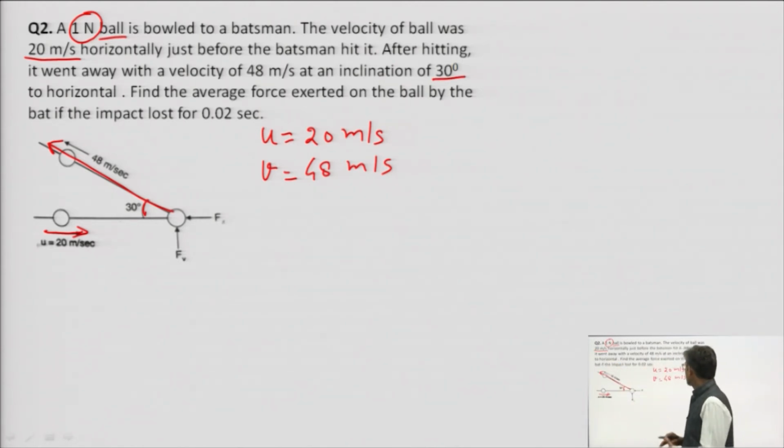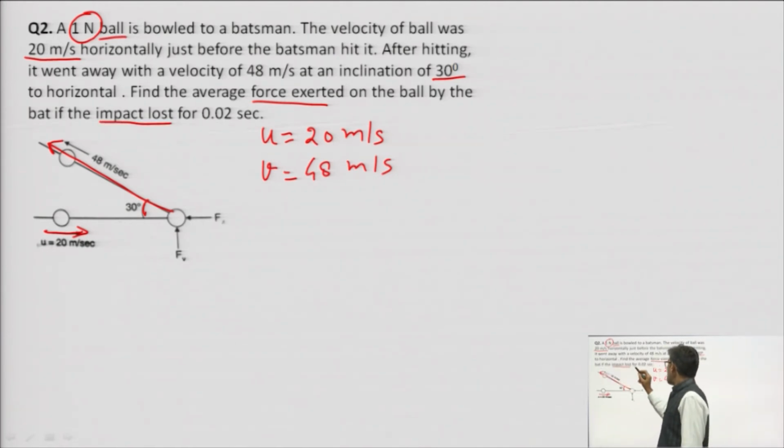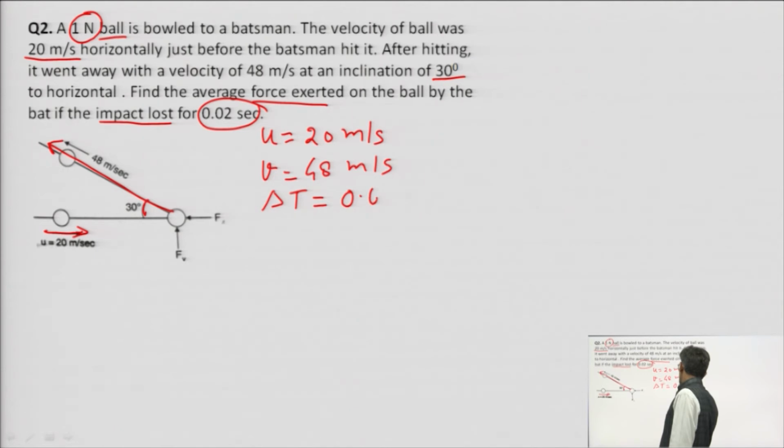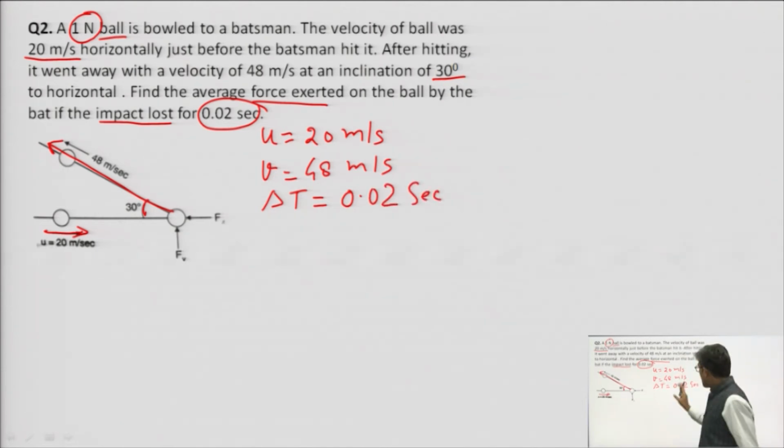Find the average force exerted on the ball by the bat if the impact lasts for 0.02 second, meaning delta t is 0.02 second. Within that time interval, what is the force exerted on the ball by the bat, that we need to calculate.